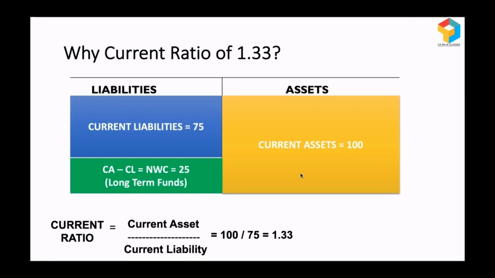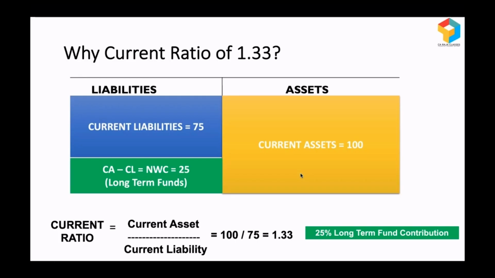And net working capital is nothing but the long-term funds which had come for creating this current asset. It means there is a 25% long-term fund contribution for creating this current asset, and this is what most of the banks stipulate as a basic sanction condition for releasing working capital credit facilities.